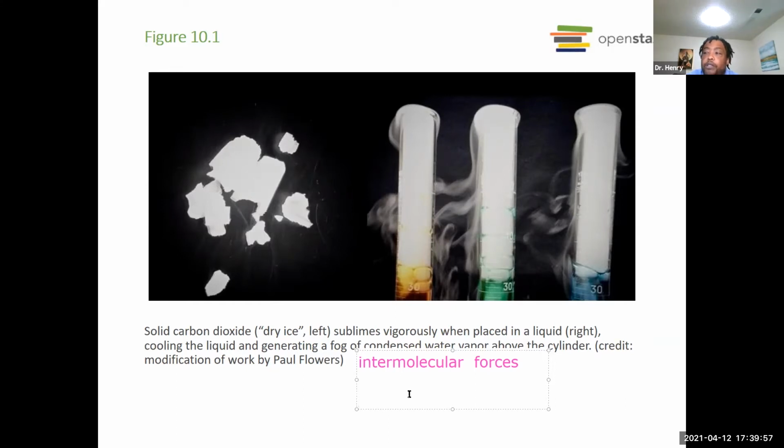Yeah, between molecules. Okay, yeah, so it does mean between molecules. Good job, Mauricio. So the interaction or the forces that are involved between two different molecules. Okay, so when we think about water, right?